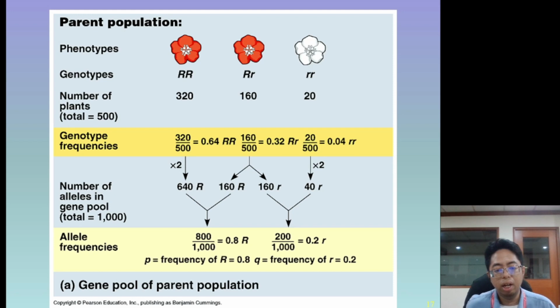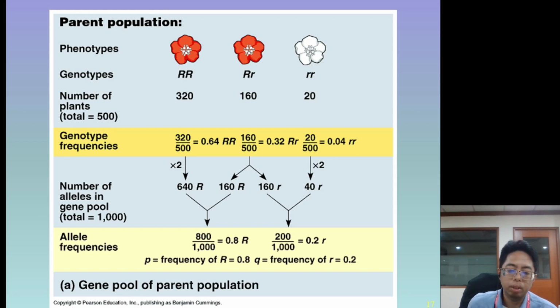The number of alleles for big R is 640, because of 320 flowers times 2. What about big R, small r? Big R small r has 160 big R and 160 small r. While the one with white color, small r, has 40. Why? Because there are 20 flowers with 2 of the alleles in each flower.